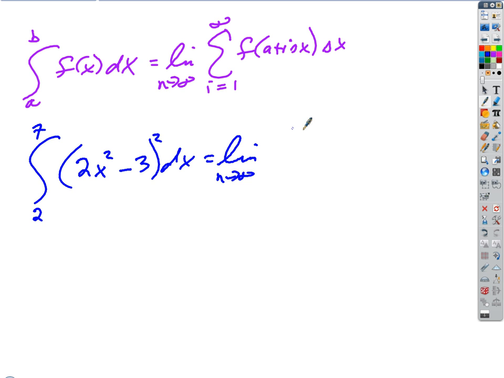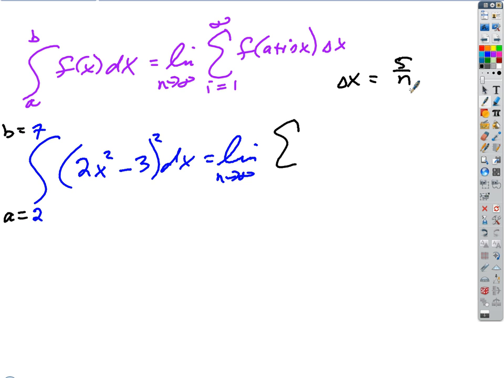So what's a in this case? Well, a is just 2, right? Good. Okay, b is 7, right? So that tells us that delta x must be what? 5 over n, right? b minus a over n.